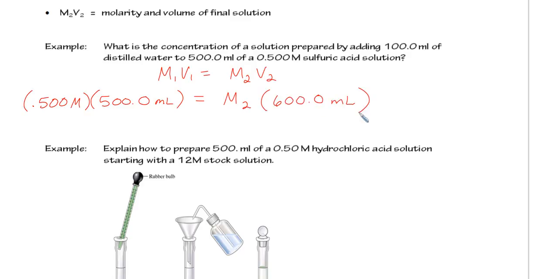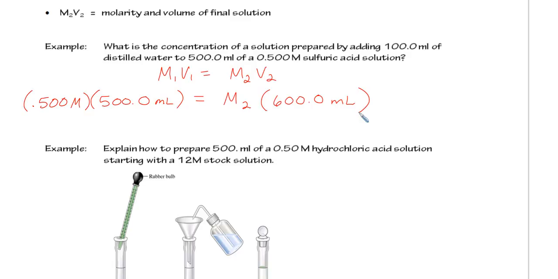Now, on the flip side, they could have said something like, hey, you've got this 500 milliliter sample of sulfuric acid. Somebody left the cap off the bottle, and the next day they noticed that the volume had decreased to 450 milliliters. What's the new molarity? So I could have something going in the opposite direction where the final volume goes down.